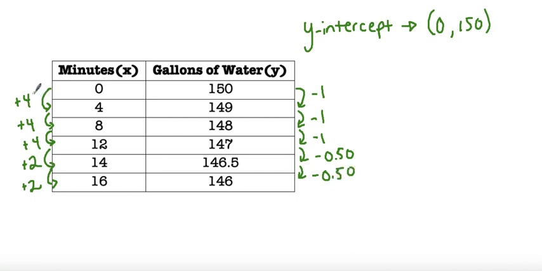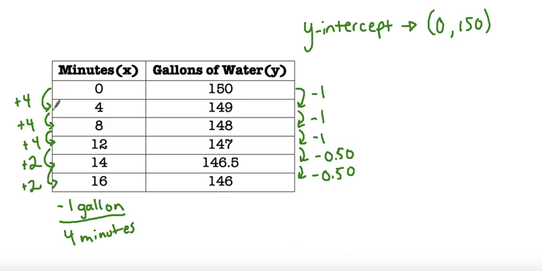And the reason why I put +4, +4, +4, +2, +2 is because our minutes are increasing. And the reason why I subtracted 1 and then 0.50 is because our gallons of water are decreasing. And so we're losing a gallon of water every 4 minutes.